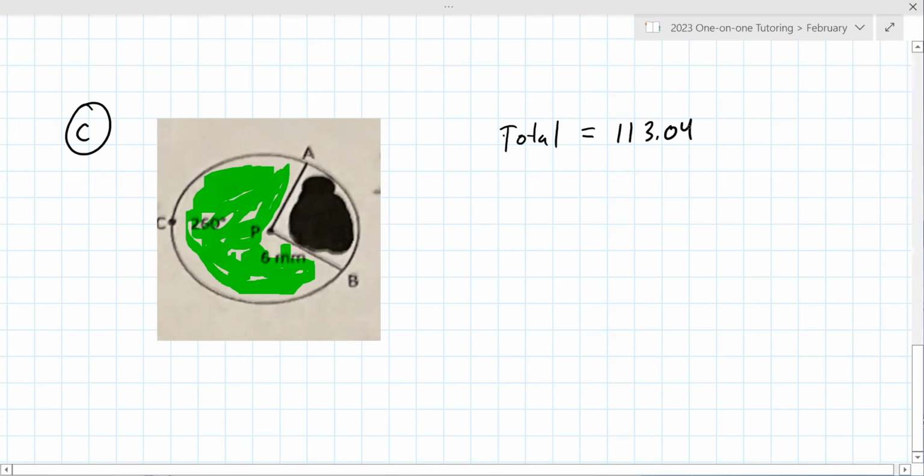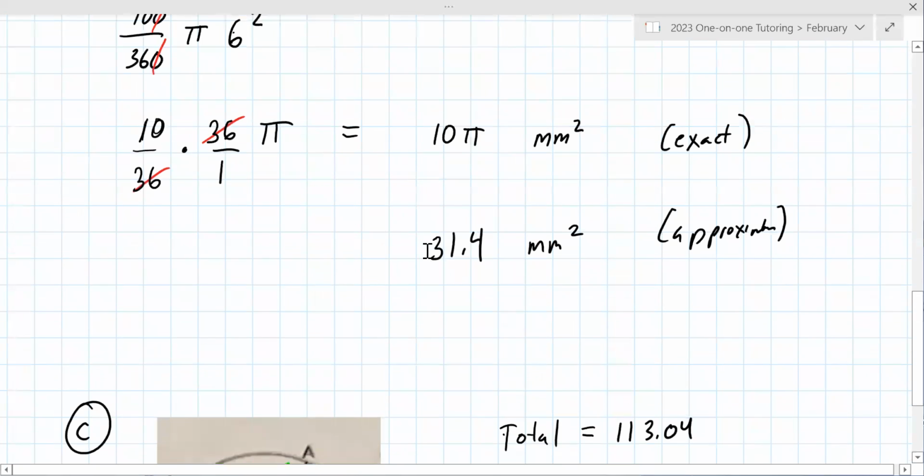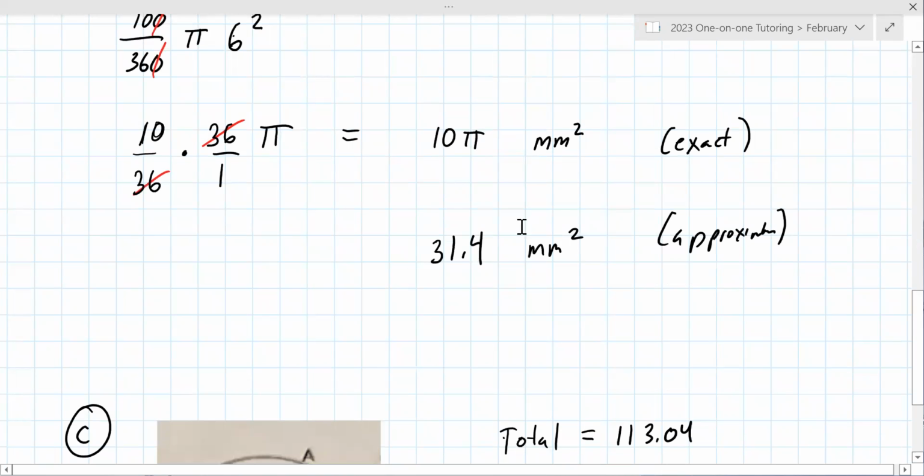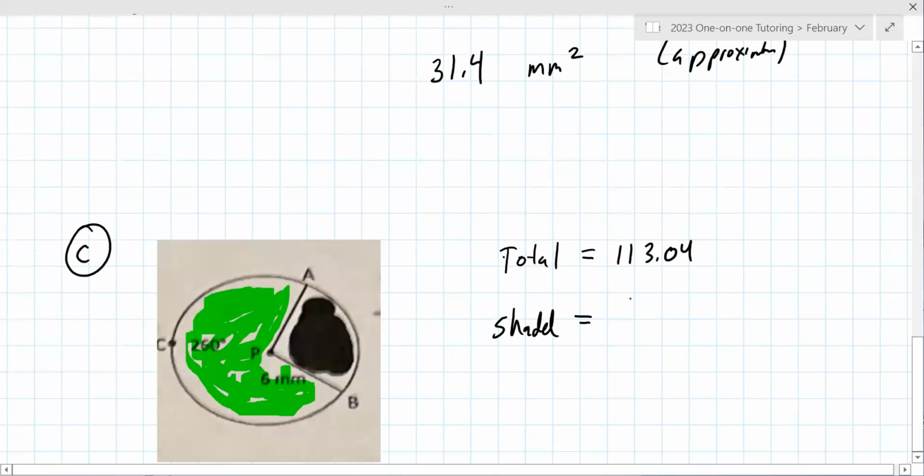Yeah, and then what was the shaded area that we did first? What was the first shaded area? Let's go back up and look. What was the shaded area? 31.4. So you can subtract.